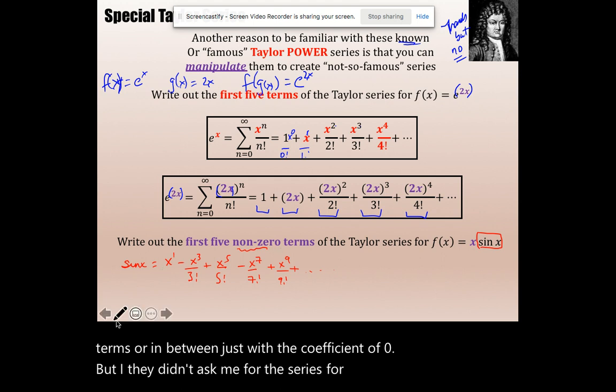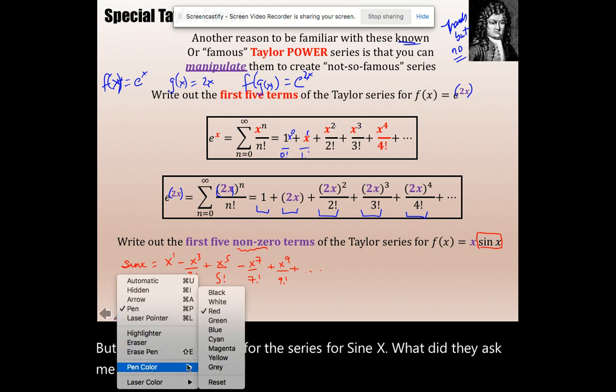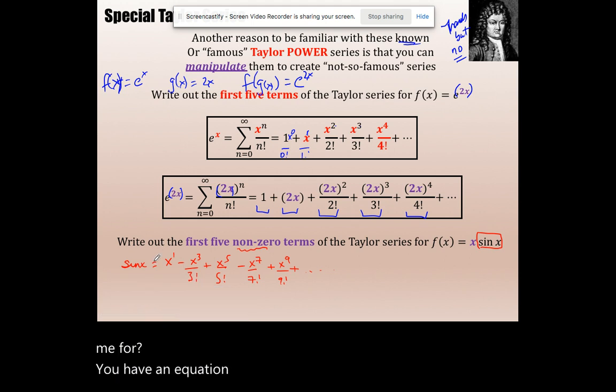What did they ask me for? Yep. You have an equation. Multiply this side by x and multiply this whole side by x. But how do I do that? Now this I will ask you to clean up.